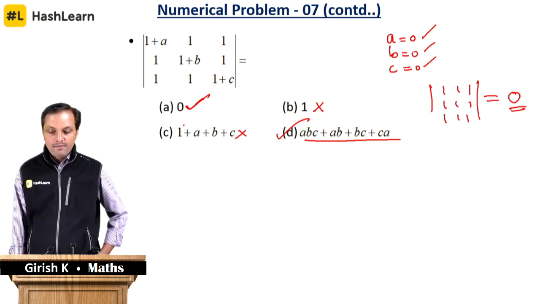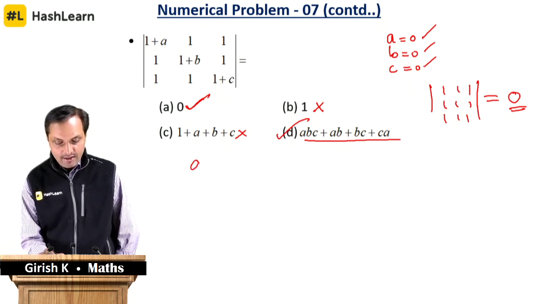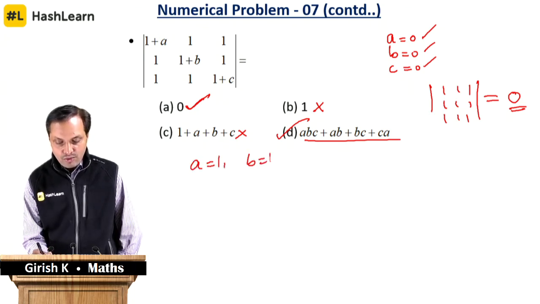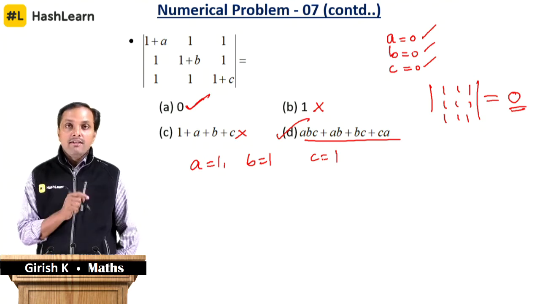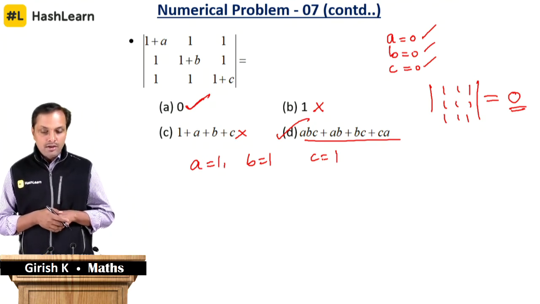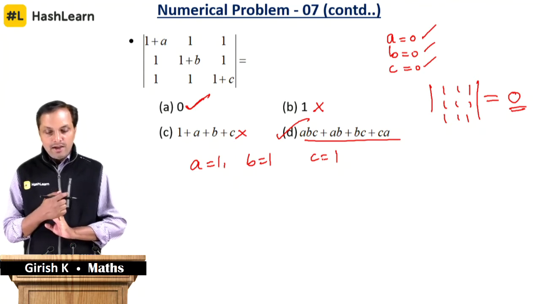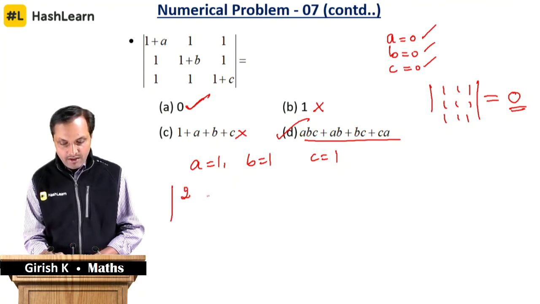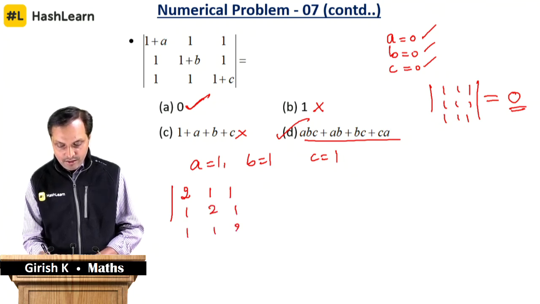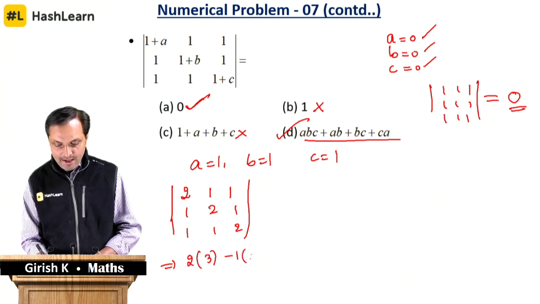So what will we do? We change the values. A is equal to 1, B is equal to 1, C is equal to 1, because we are getting two options as 0. Then you change the values of A, B and C. If A, B values are 1, the determinant will become 2 1 1, 1 2 1 and 1 1 2. If you solve this, what happens? 2 into 4 minus 1 is 3, minus 1 into 2 minus 1 is 1, plus 1 into 1 minus 2 is minus 1.